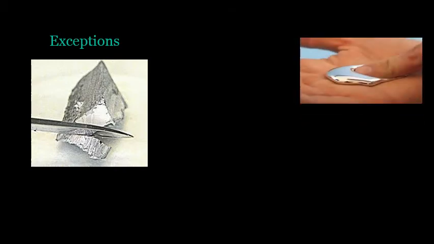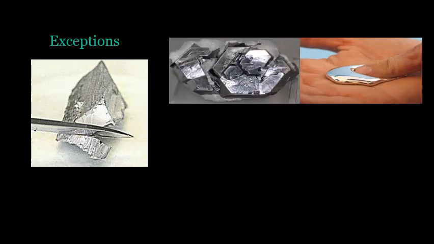Metals are generally solid in state at room temperature, but this metal is liquid in state, which is mercury. I told you that metals have good conductivity for heat, but this metal is a bad conductor of heat. This is lead.